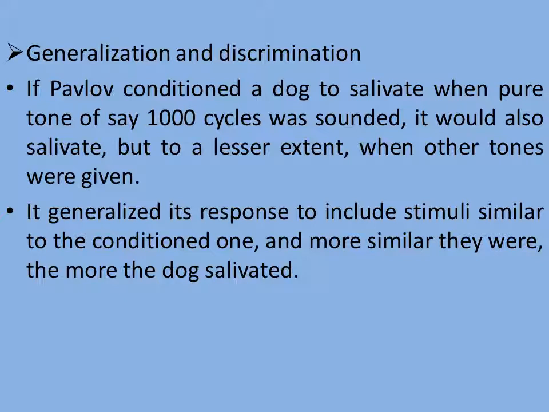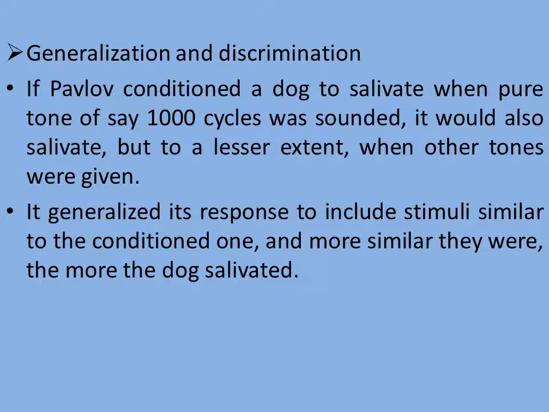Another sound with a different tone also results in salivation, but to a lesser extent. So that is generalization, because that generalization is of the sound. Yes, there is sound, there is salivation, but discrimination we would talk about next.